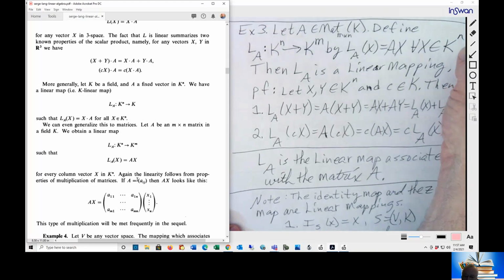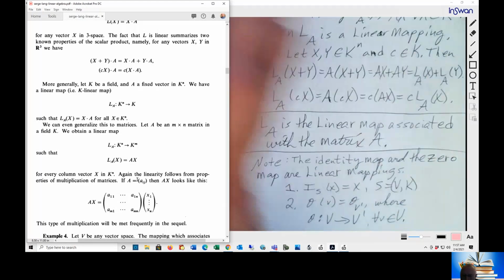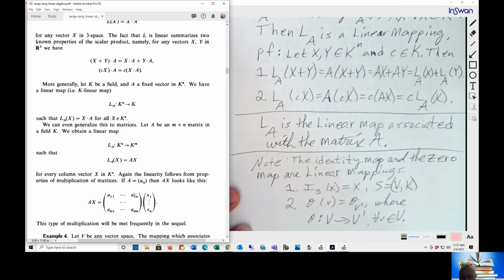Okay. Now, just as a side note, we will note that the identity map and the zero map are both linear mappings.